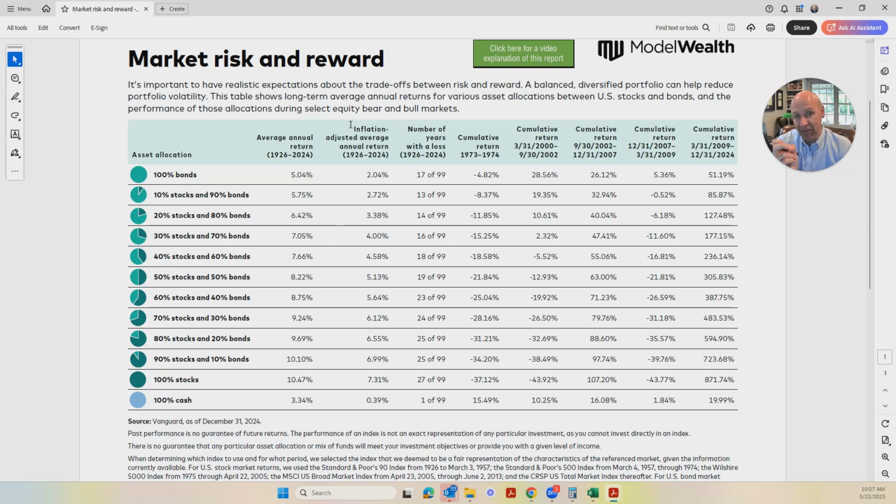So if you look at the inflation adjusted average annual return, it's been about a 0, a +2, and a +7 to be in cash, bonds, and stocks. The +7, that is over a 99-year period.